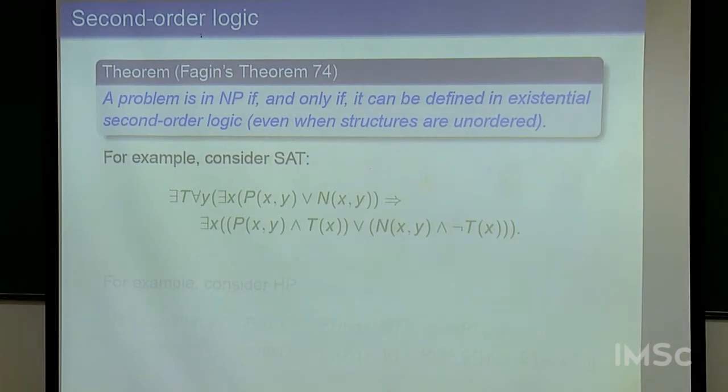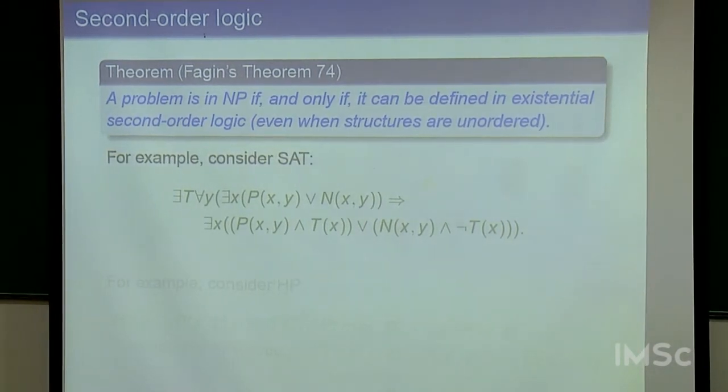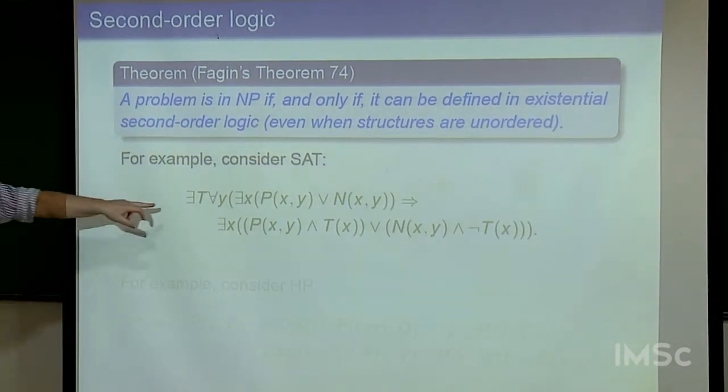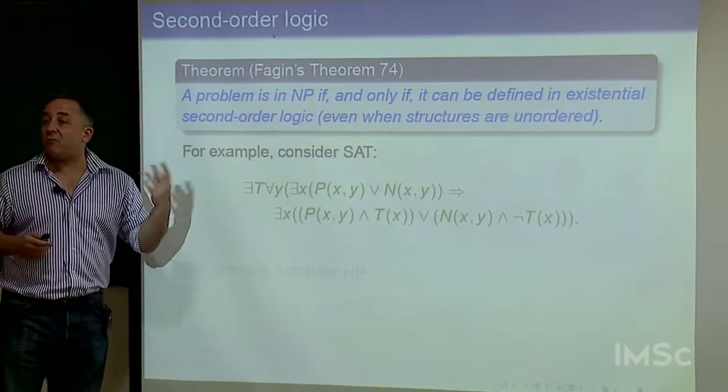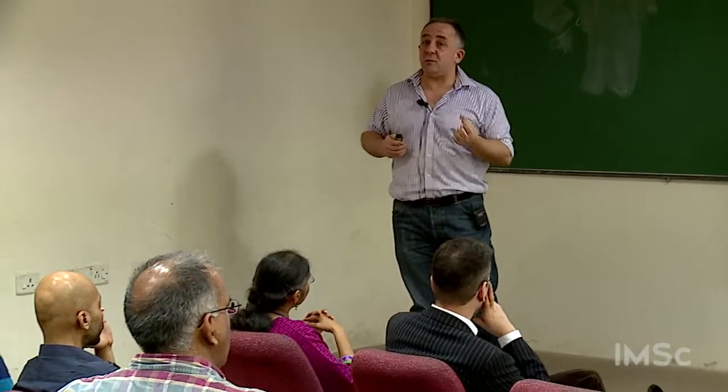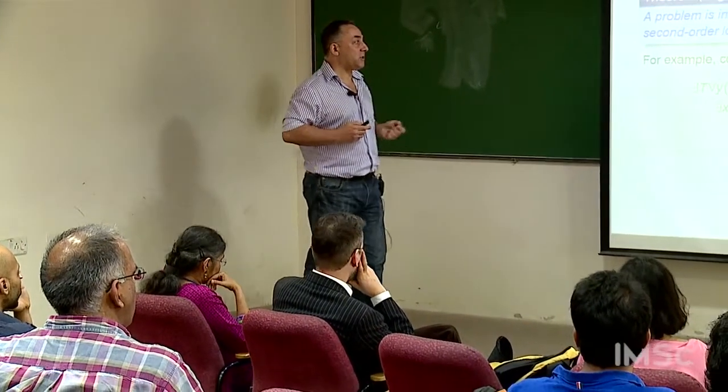And here's why SAT, for example, is in NP according to Fagin's theorem. Here's my existentially quantified prefix of new relation symbols. It happens just to be one relation symbol T, which is unary. So I'm talking about a set of elements of my structure.